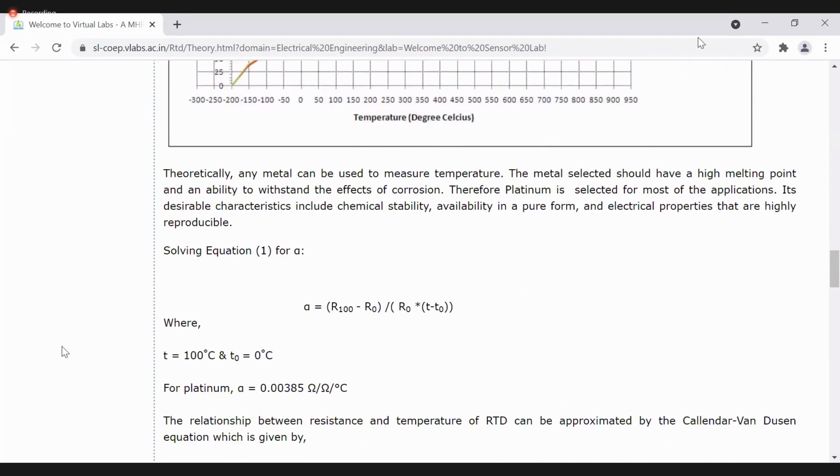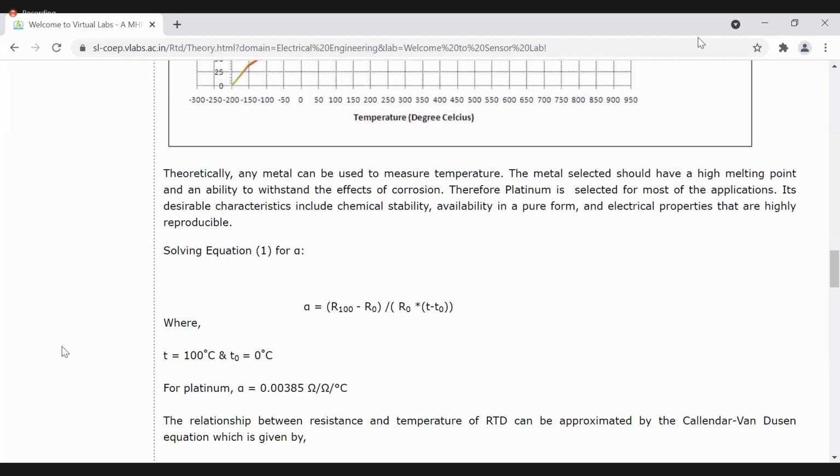And what is the formula for alpha? Sir, alpha is R at a particular temperature, here taken at 100 degrees Celsius, minus R at the reference temperature, here considered as 0 degrees Celsius, divided by the resistance at reference temperature multiplied by T minus T naught, the after temperature minus the reference temperature.